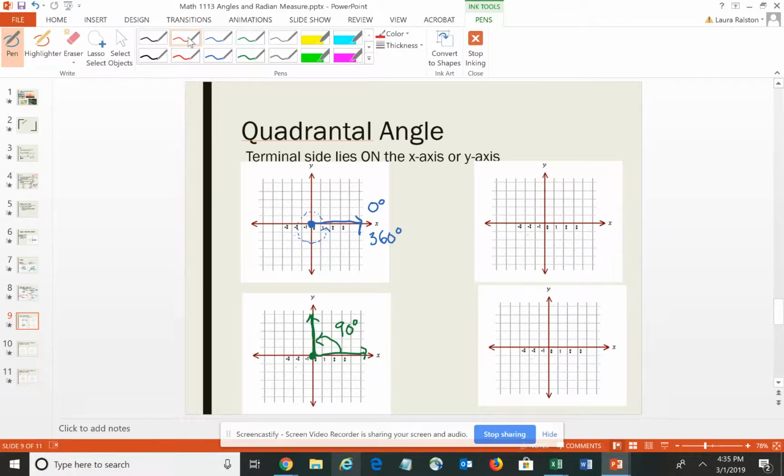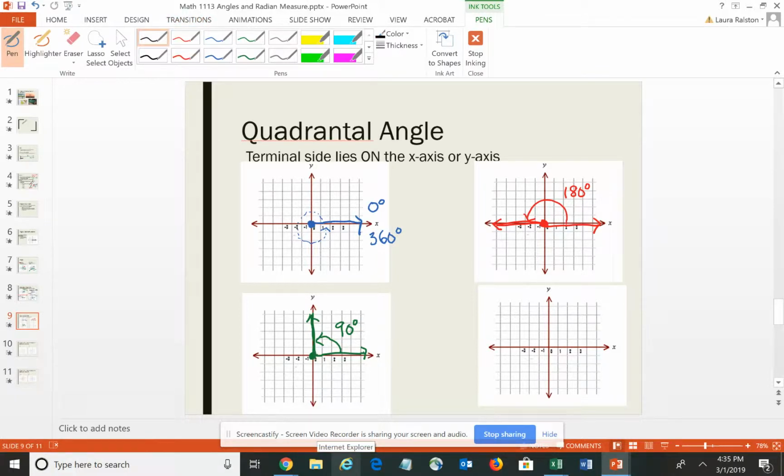Third, you could have vertex on the origin, initial side on the positive x-axis, and we rotate so that my terminal side is on the negative x-axis, and that gives me a measure of 180 degrees.